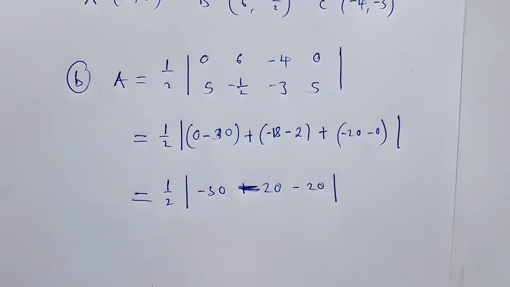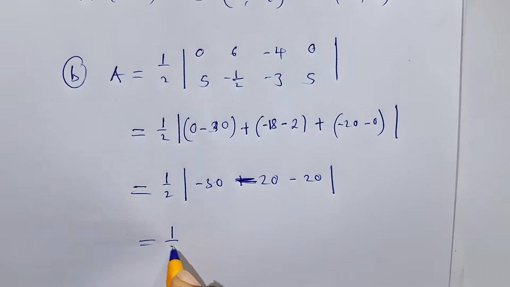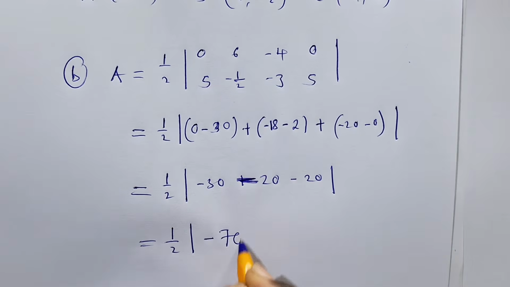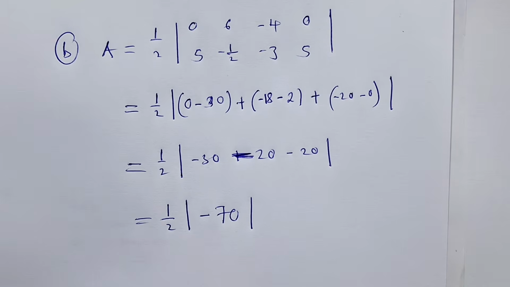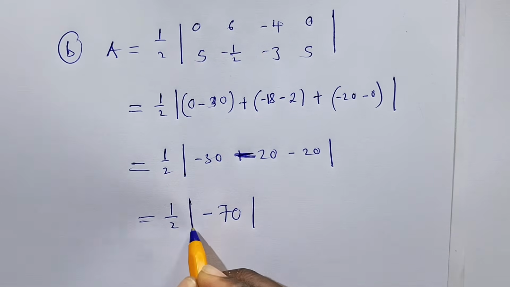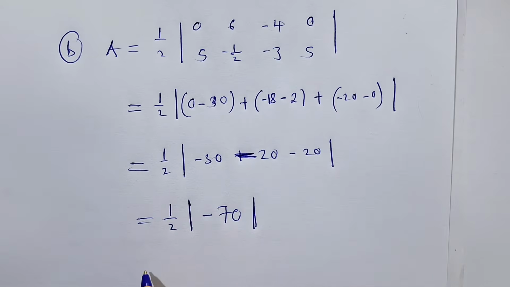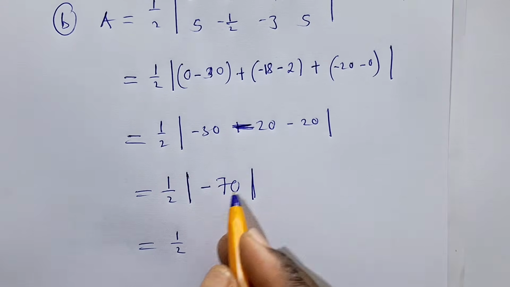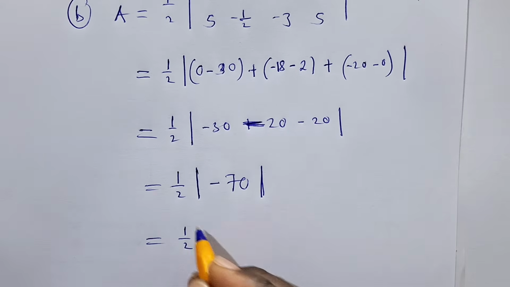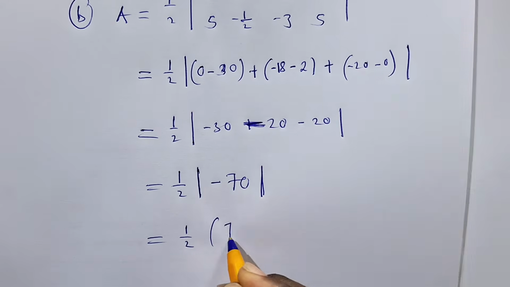Okay? And from here, we have a 1 over 2. Here, all these are giving us a minus 70. Okay? So minus 70 here. Since these bars have been put, they are telling us that whichever answer we get here, be it positive or negative, it should always be positive.